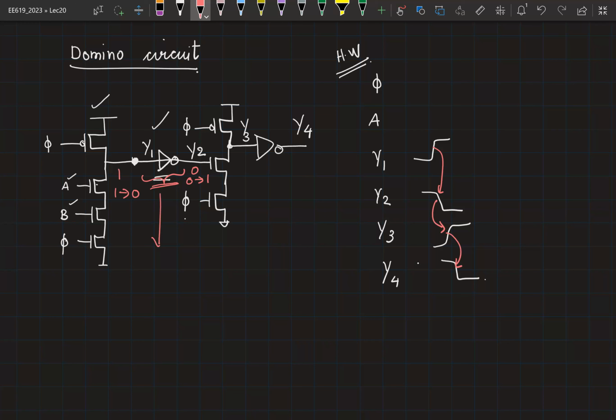So a good recommendation for this inverter would be to implement it as a high skew inverter. Is this clear? You are decreasing the GU.